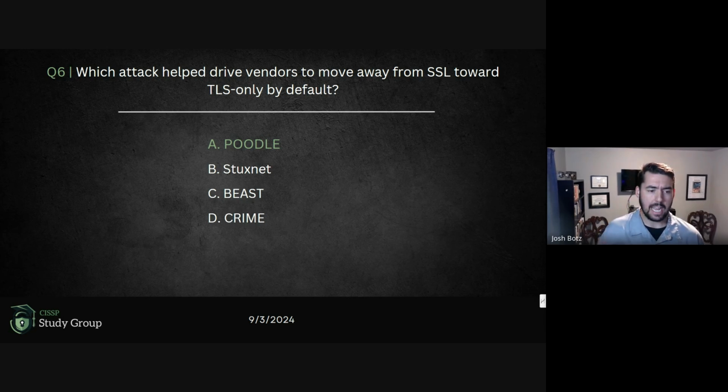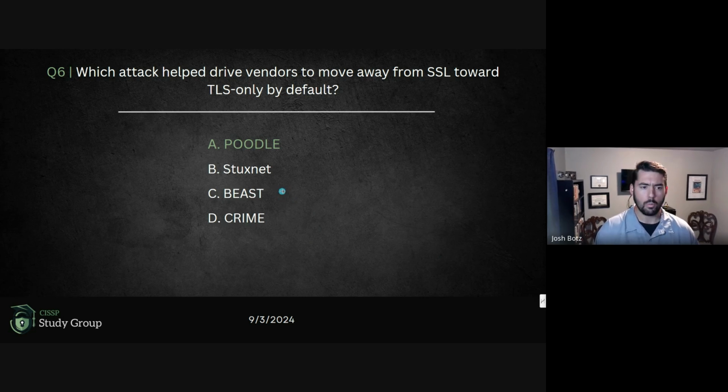It allowed an attacker to decrypt an encrypted cookie that led to some attacks. So this exposed a weakness actually in TLS. Crime, very similar. Compression ratio info leak made easy. This was an issue with how some data was being compressed in TLS that made it so you could get data disclosure out of it. So both Beast and Crime have more to do with weaknesses in TLS.